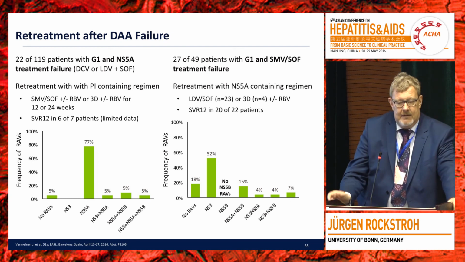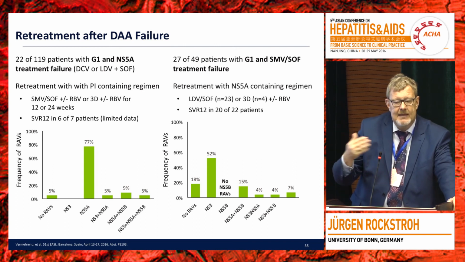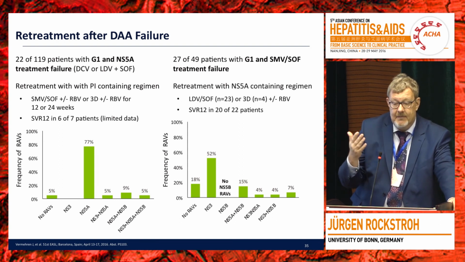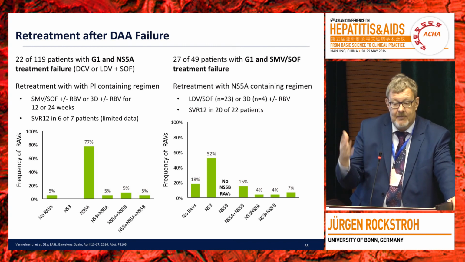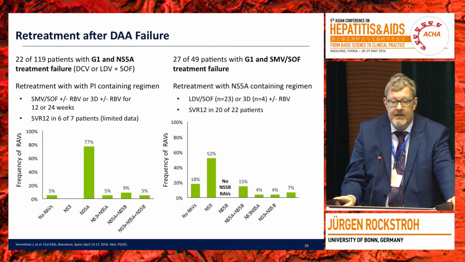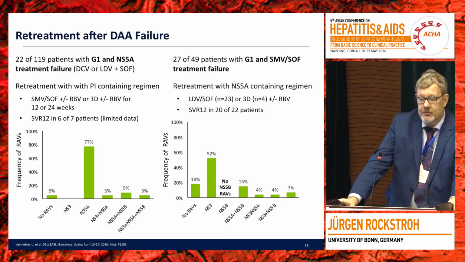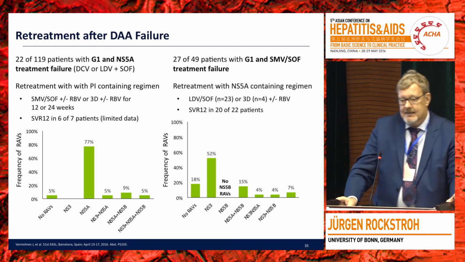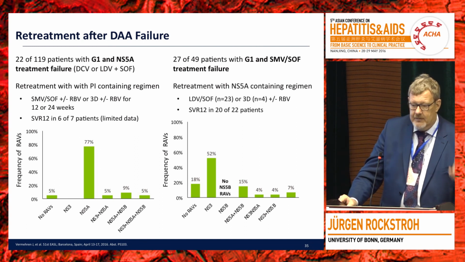Then they said, sofosbuvir most likely has no mutation, so let's use that, plus a PI, plus or minus ribavirin, so that could be sofosbuvir simeprevir, or use the AbbVie 3-drug regimen, where at least you have the option of paritaprevir. I think you might worry a little bit about NS5A cross-resistance to ombitasvir in that context. They have so far only limited data, which they presented at EASL, but you can see that 6 out of 7 patients achieved cure with that kind of treatment approach.